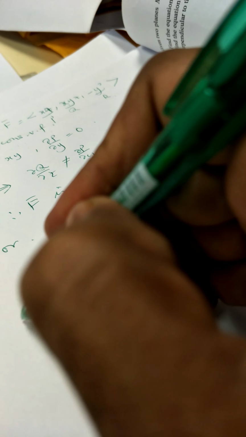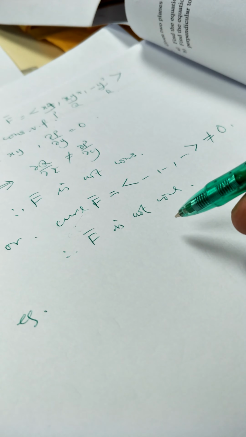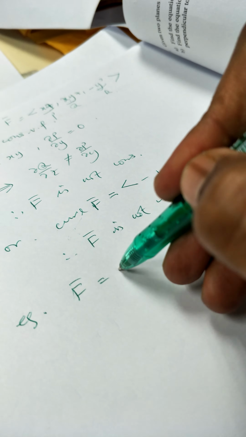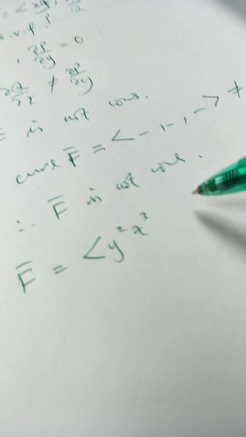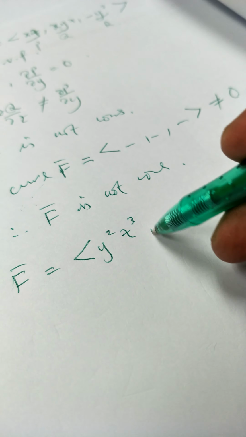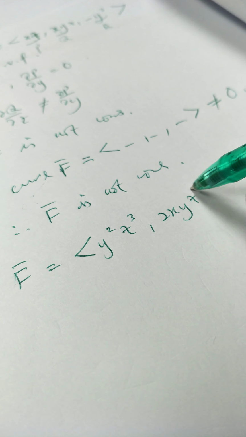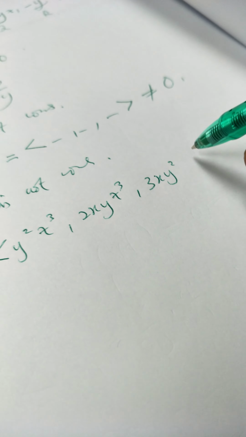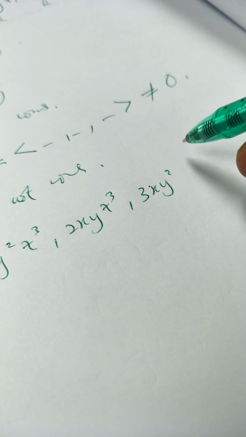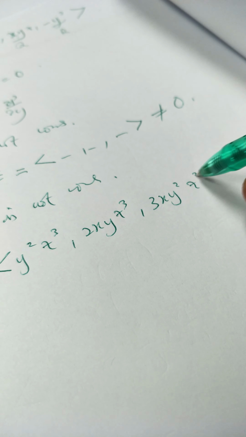Let's take another example. Let's say F is (y squared z cubed, 2xyz cubed, 3xy squared z squared).